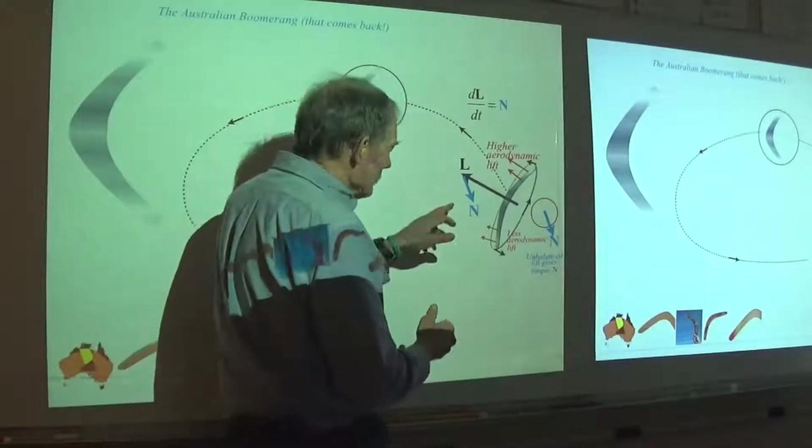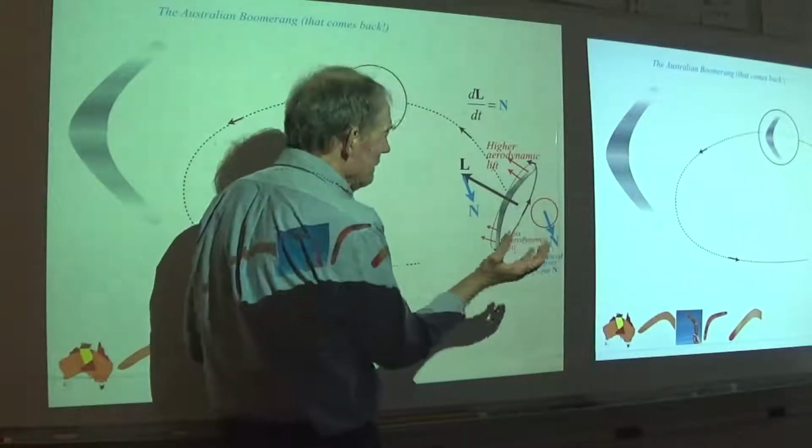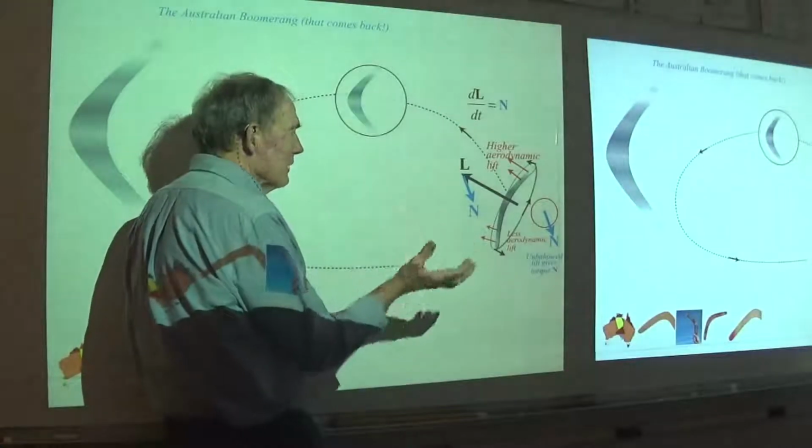But in any case, the basic idea of this is the effect of the torque. And where's the torque coming from? Well, this is where you have to keep using your right hand to figure out what's going on.